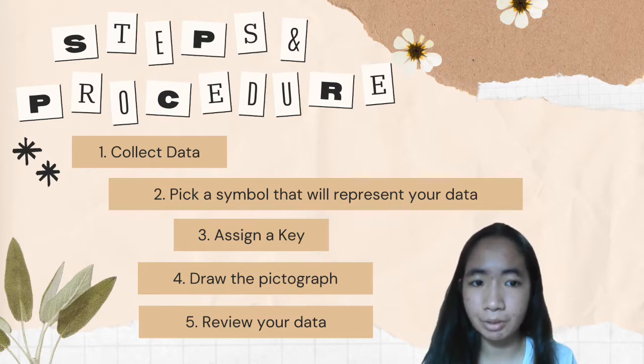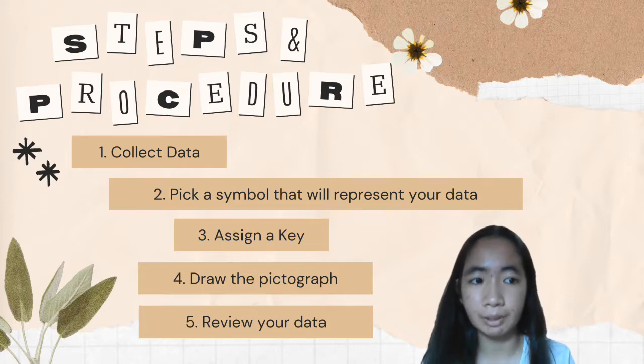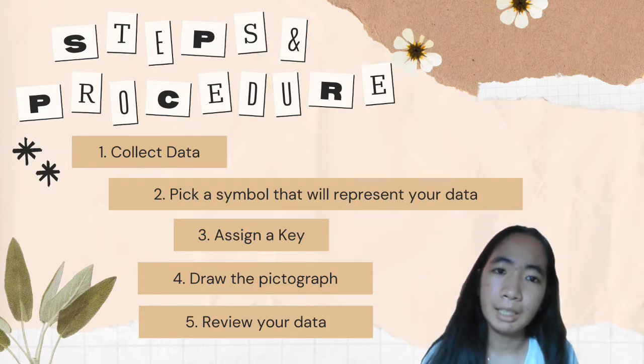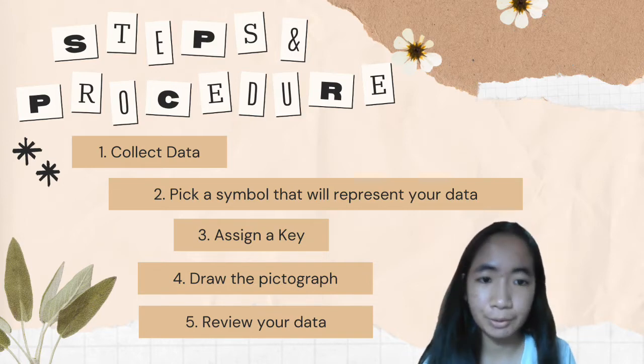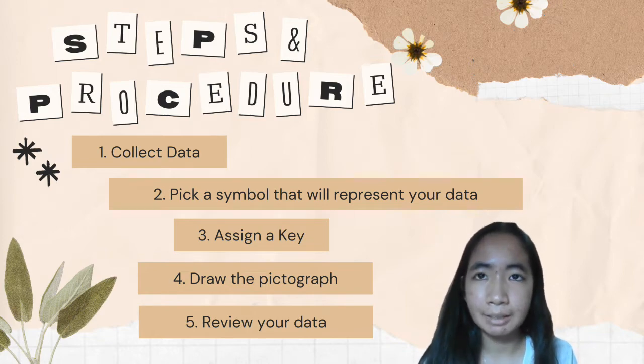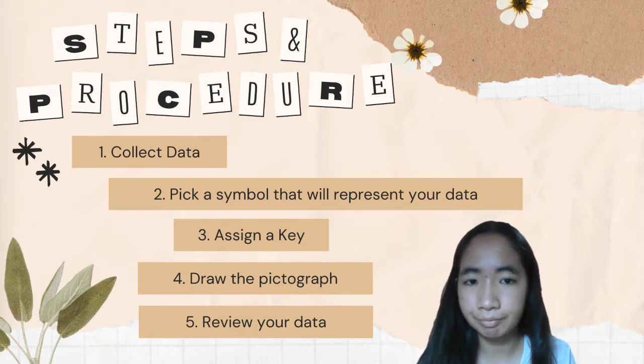These symbols can be drawn as fractions as well if the frequency is not a whole number based on the key. And the last step is to review your pictograph. Check the labels and review your pictograph and make sure that it is correctly representing the data.